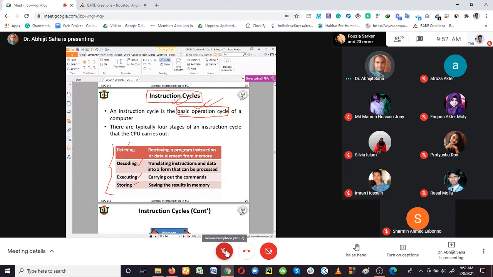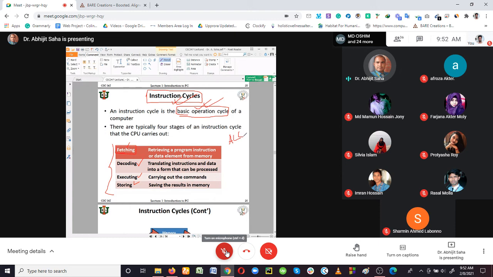Okay, so let's say the first stage is fetching. Fetching is retrieving a program instruction or data element from memory. We have learned that there are 2 main components of the processor.